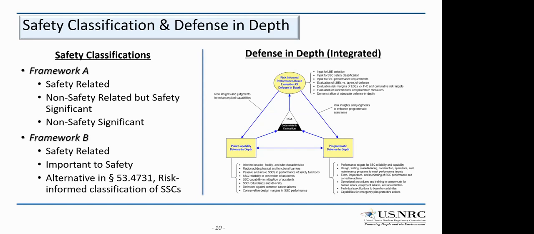And that is one way you come up with a performance-based approach, is to make a distinction between what needs to meet the full pedigree of Appendix B under Part 50, the quality assurance requirements, and what SSCs you are providing flexibility to designers to address, but not necessarily needing to meet that full pedigree. So you need classifications or different buckets to put things in so that you can actually provide the flexibility to licensees.